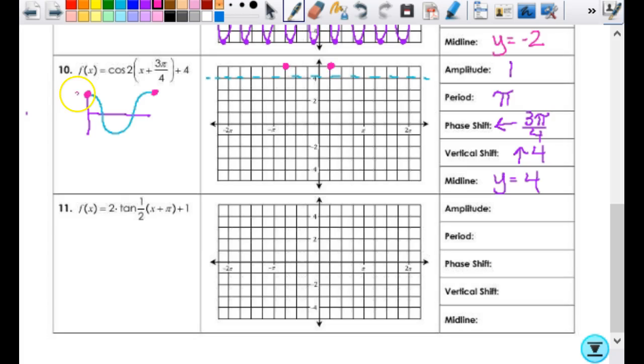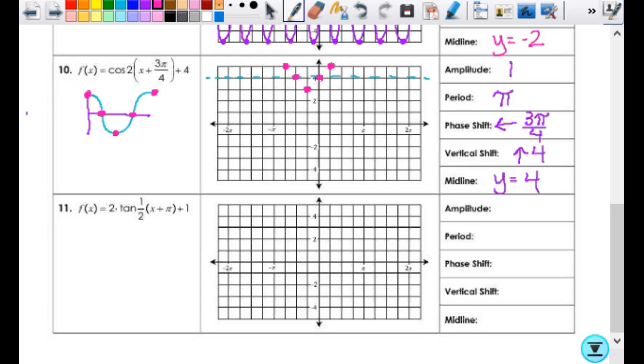Halfway in between these two, I get my minimum. So halfway in between gets me here, but I go 1 below because that's the minimum. Halfway in between these two gets me an intercept, which is really just on the midline now. And then halfway in between these is another intercept. There are my 5 key points, and you can repeat. Okay? Everybody okay with that?